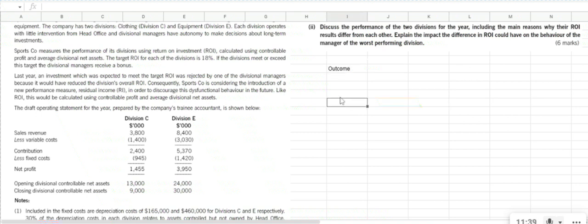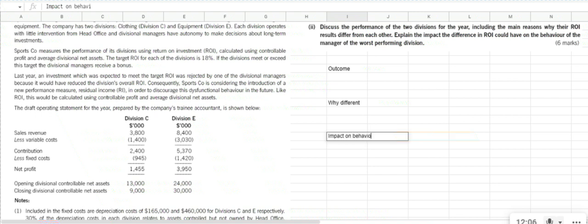Then I am going to say why they are different. Why different? And lastly, impact on behavior.